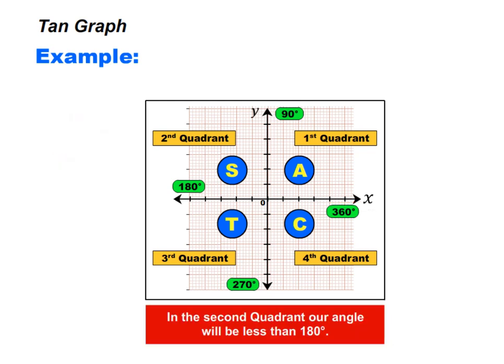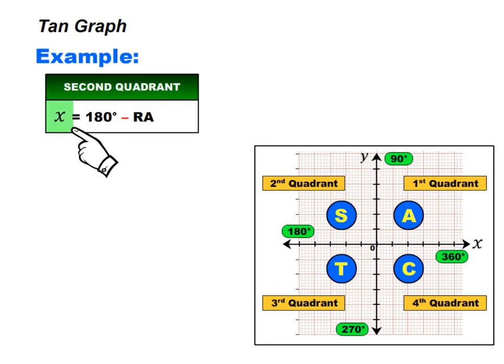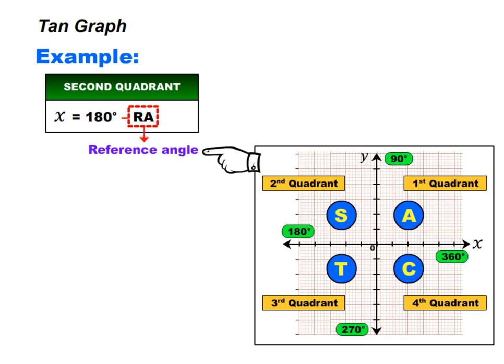In the second quadrant, our angle will be less than 180 degrees. So we say x is equal to 180 degrees, subtract reference angle, which is RA. RA stands for reference angle. And we will have a closer look at it in topic 3.